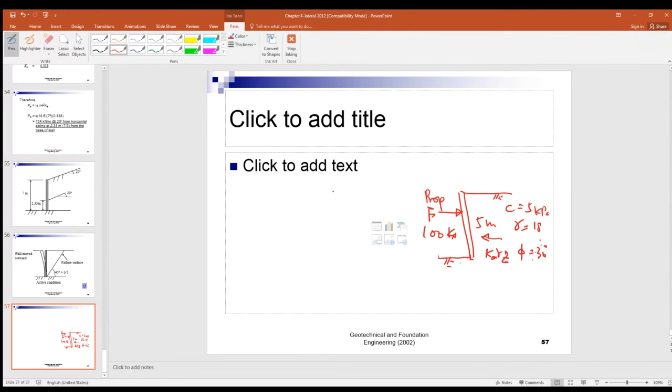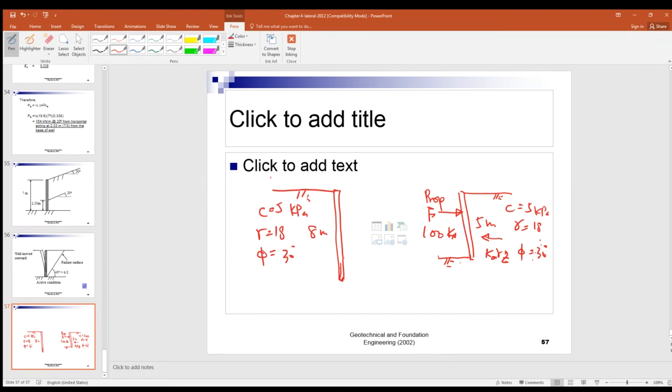But what about here? You have 8 meters here, and again you have the ground surface. Again, you have that type of soil, 5 kPa, gamma 18, and phi equals 30 degrees, and so on.